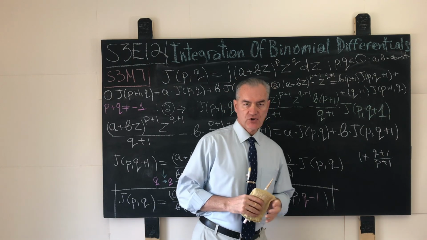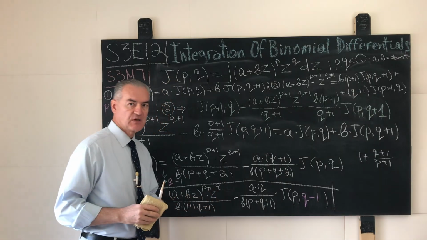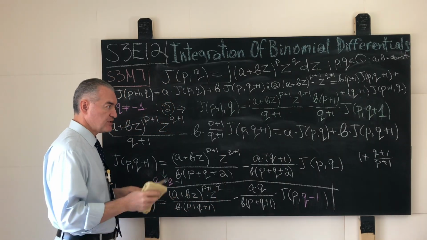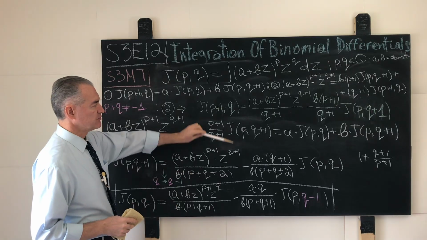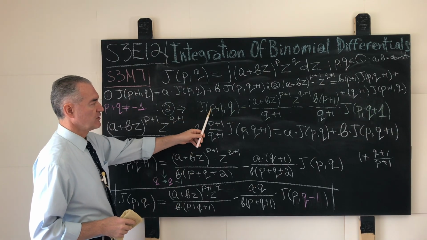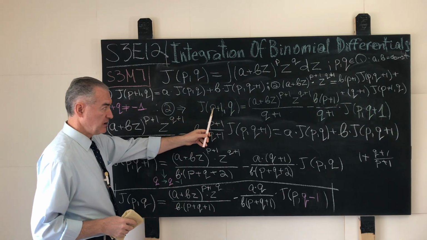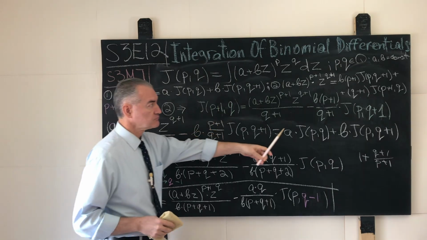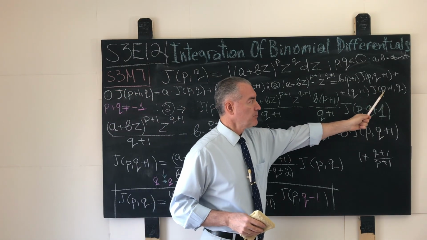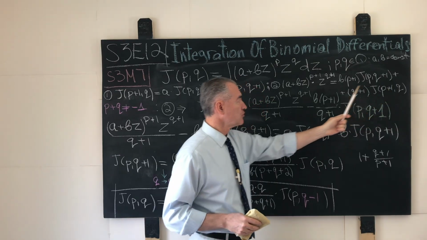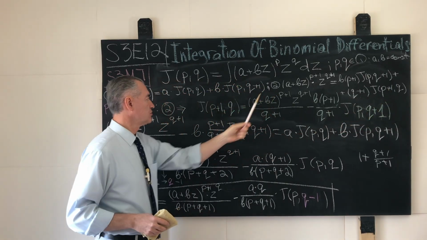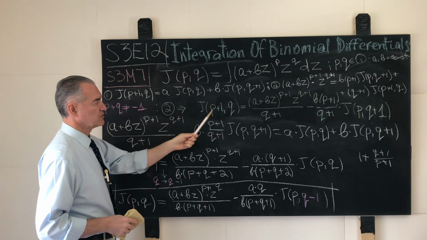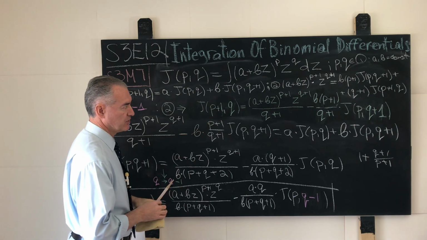For our final recurrence relation, we pretty much repeat the steps that we took in the previous segment and express the integral j of p plus 1, q from equation number 2. From equation number 2, we express it like so. Again, that manipulation is transparent.